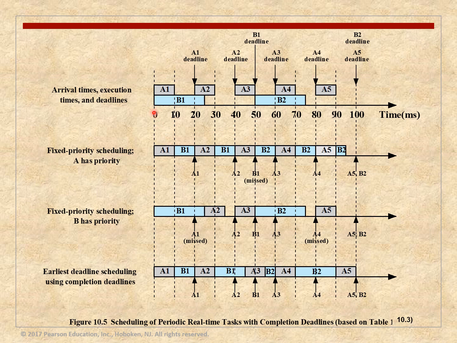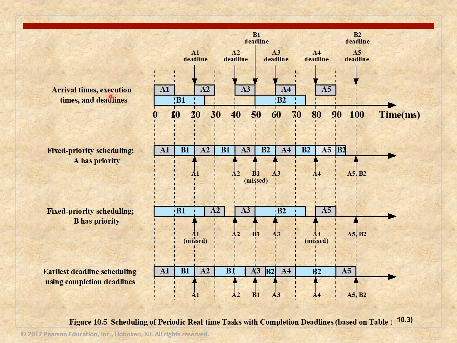Then B1 arrives at 0 and requires 25. B2 arrives at 50 and requires 25 as well. Then we put in all the deadlines: A1 deadline is here, A2 here, B1, and all in one. We have 5 processes for A, and 2 for B.